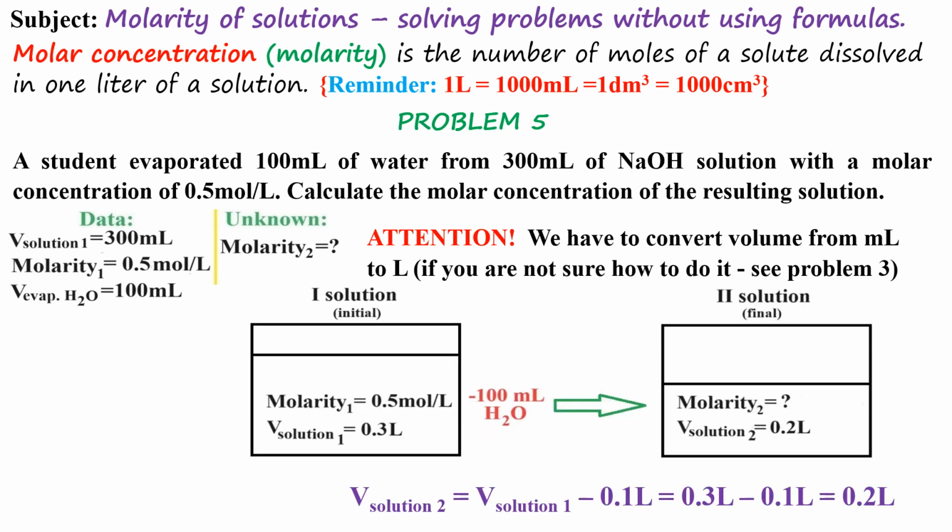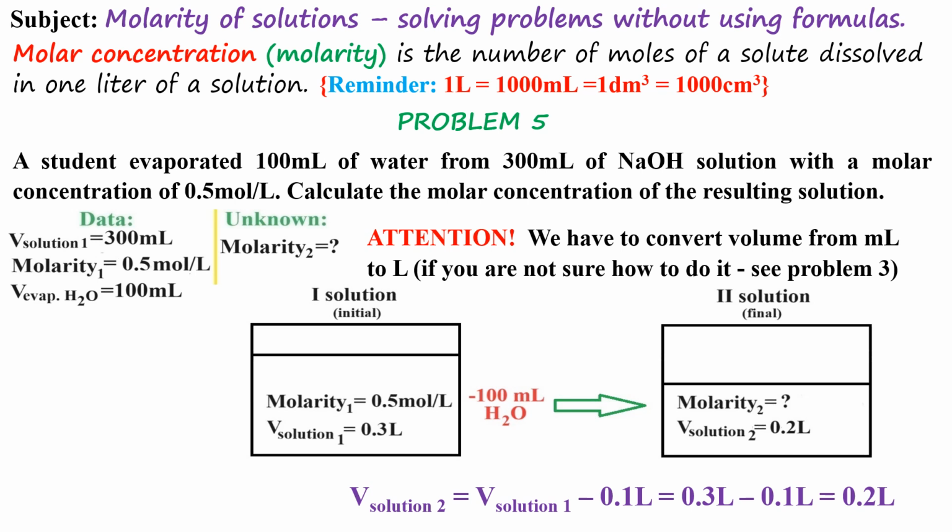Let's represent this with the help of the drawing. In the beginning, we have an initial solution with a volume of 0.3 liter and molarity 0.5 mole per liter. Then 0.1 liter of water is evaporated from this solution and we obtain a new final solution.